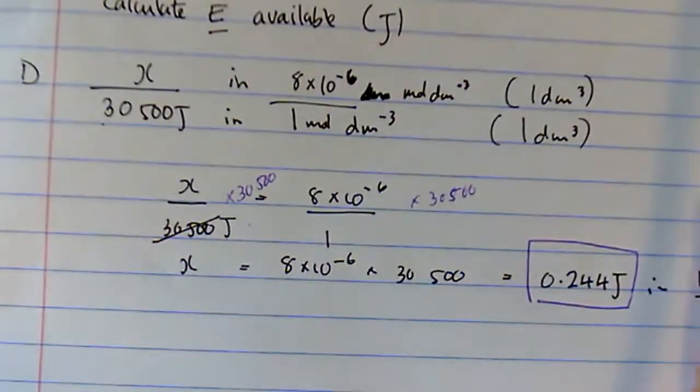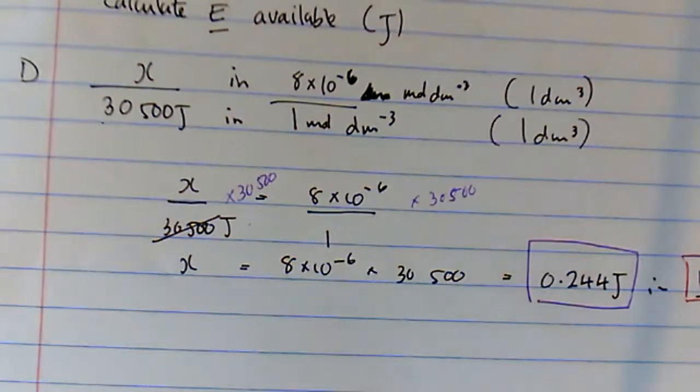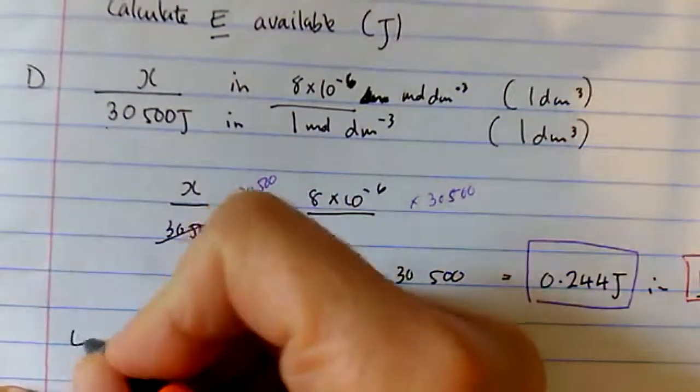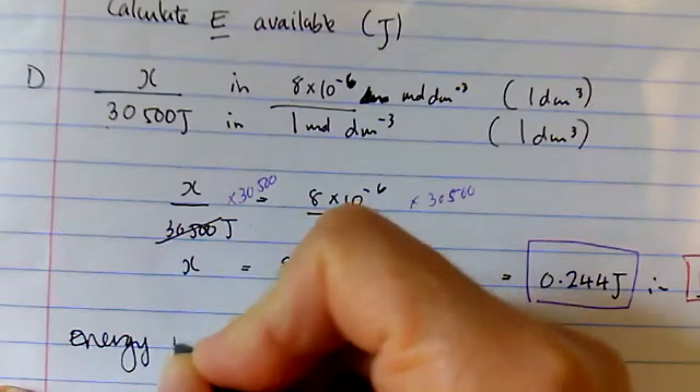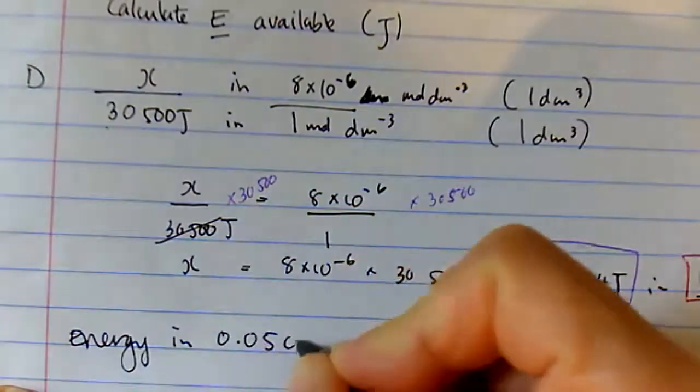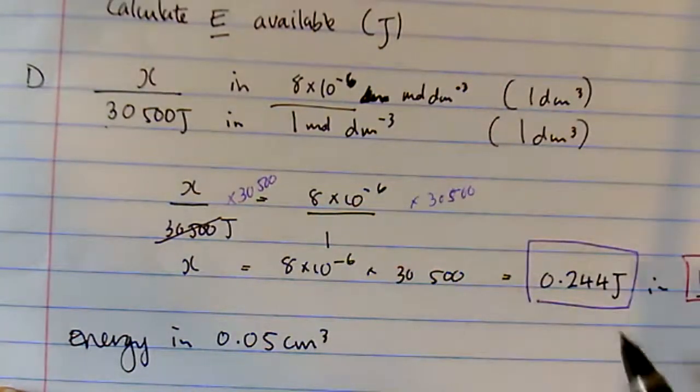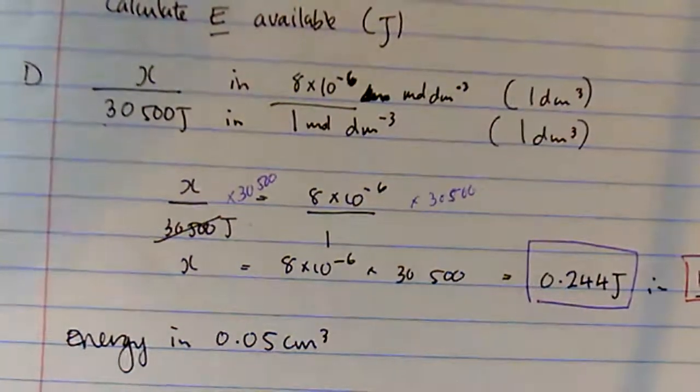So here we've got it in a litre. We need to now find out how much there is going to be in 0.05 centimeters cubed. So we need to do something about the units. Okay, so how much energy in 0.05 centimeters cubed?